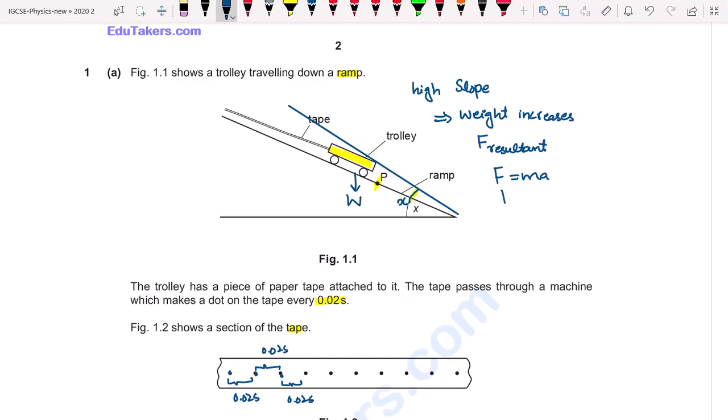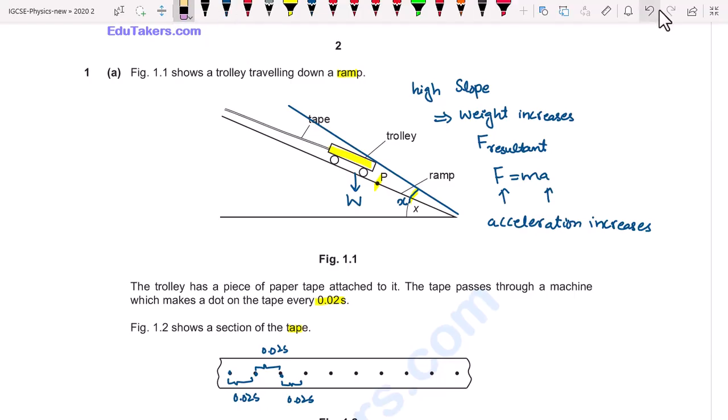When force increases, the body accelerates. Acceleration also increases. I can simply say that when the angle X increases, the body accelerates.